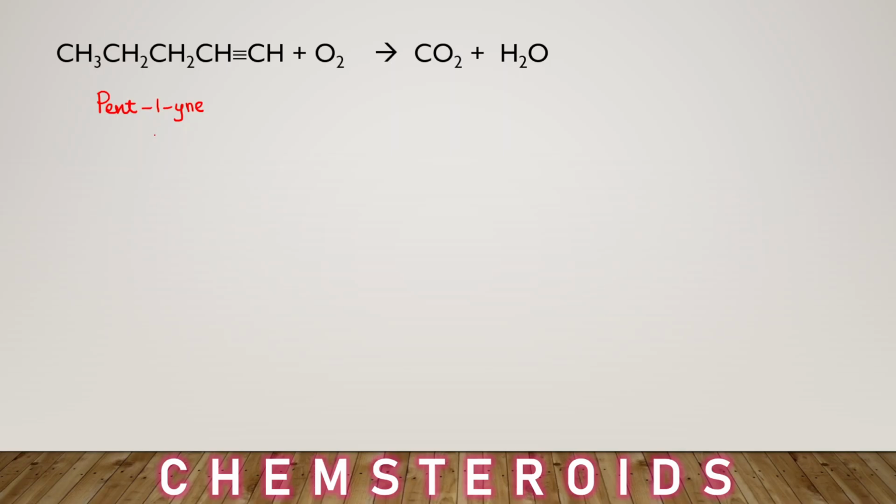So pentyne. Here, if it is given in this fashion, you consolidate the number of carbons and hydrogens in this molecule. So you have got here 1, 2, 3, 4, 5 carbons. So let me write it as 5 carbons. How many hydrogens are there in total? 3, 5, 7, 8 and then 9.